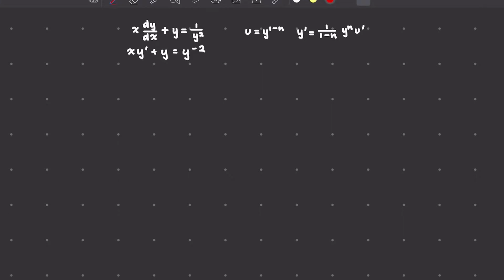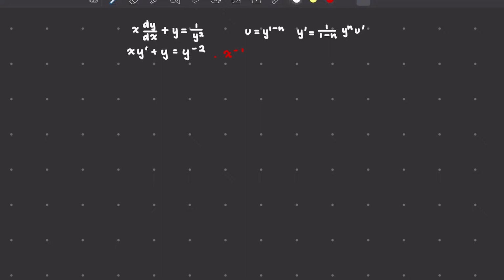First, you will see that there is an x in front of dy/dx, but you always want a constant of 1 in front of dy/dx. That is why I'm going to multiply the whole equation by x to the negative 1.